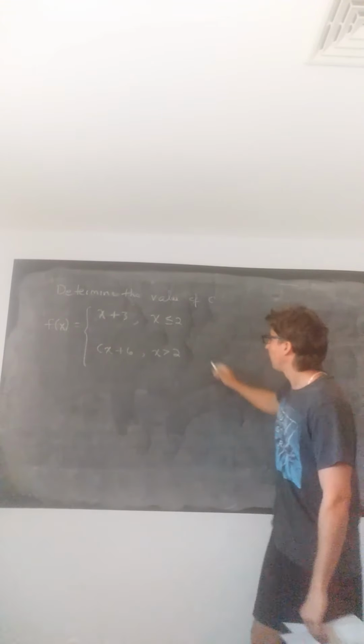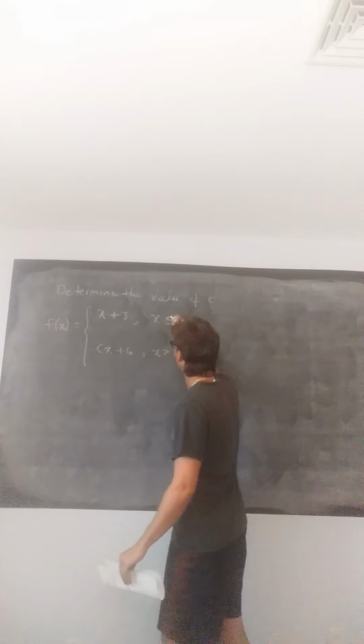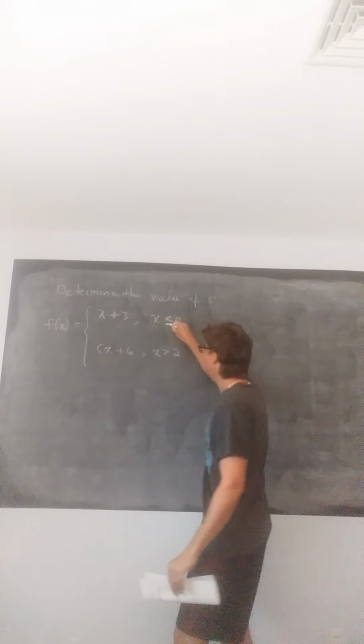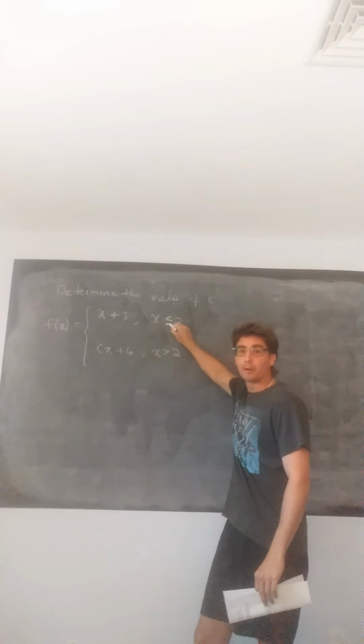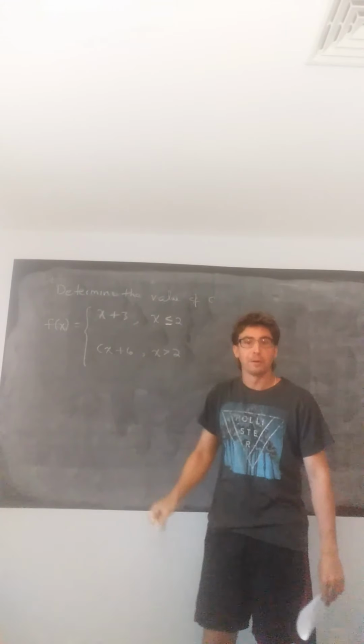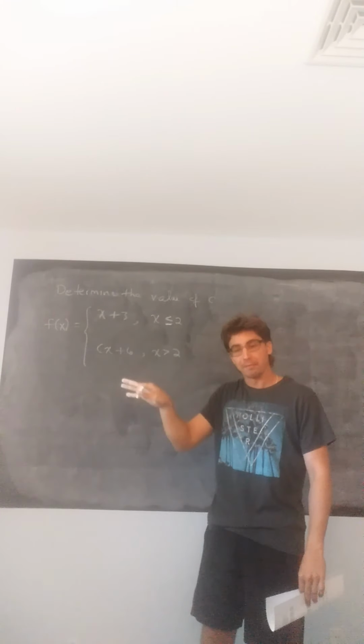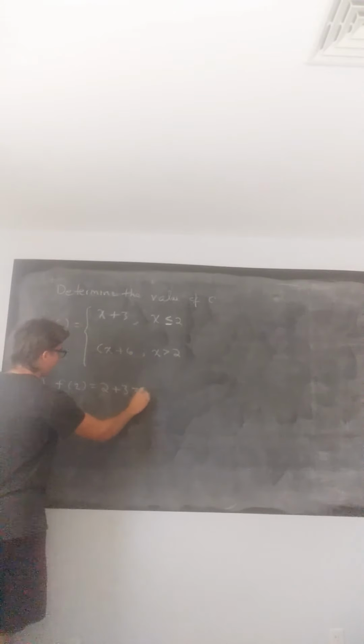So a good place to start is actually the top function, because we have the less than or equal to. Whenever you see the equal to part, that's what we're checking to see if that function's defined there. So notice f of 2 is going to be 2 plus 3, which equals 5.